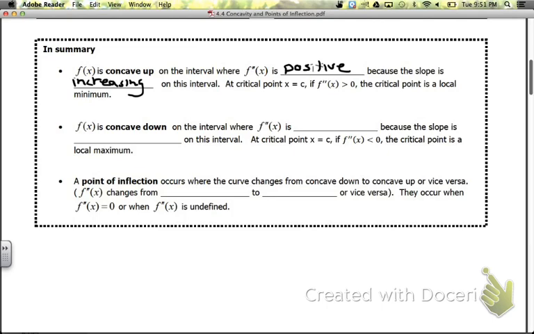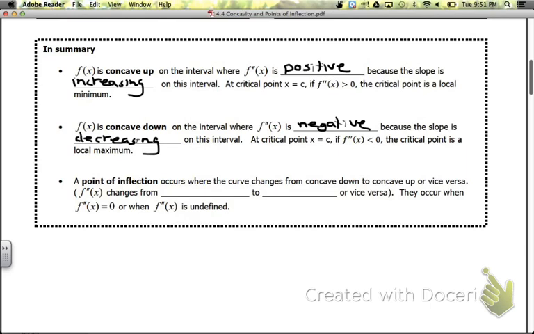Now, when our function is concave down on that interval, where f double prime of x is negative, it's because the slope is decreasing on this interval. So at that critical point, x equals c, if f double prime of x is less than 0, the critical point is a local maximum.